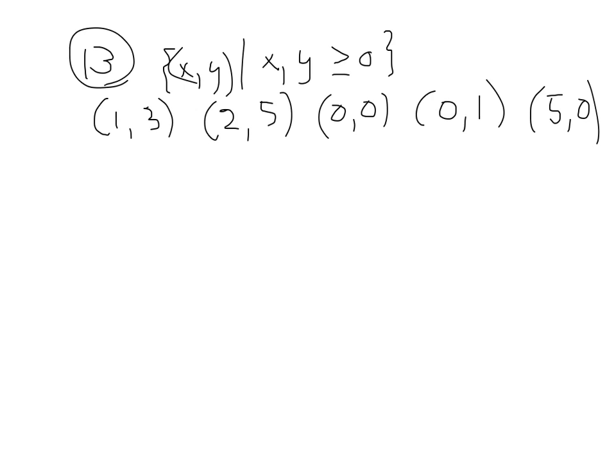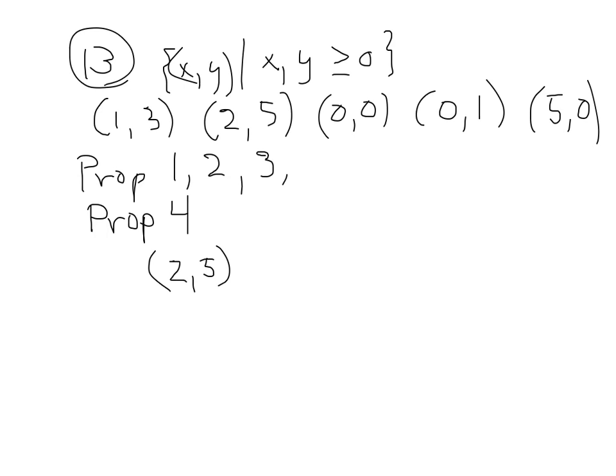If we check properties 1, 2, 3, they all hold. Let's go to property 4. Property 4 is our inverse. So it says if 2, 5, or xy, because x and y are positive, is an element, so that's going to be my vector u, right?